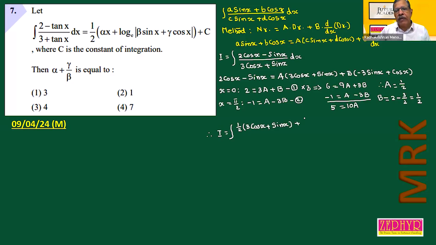Plus again 1 by 2 into B into minus 3 sin x plus cos x. The whole divided by what? 3 cos x plus sin x.